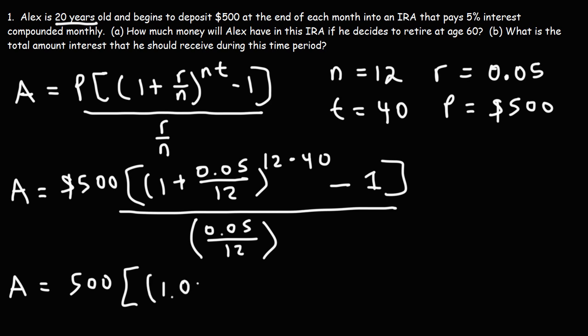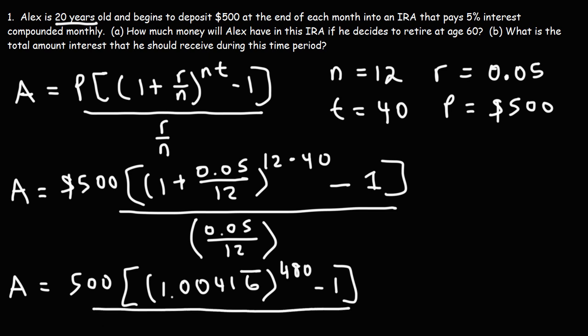You should get this number, 1.00416 repeating. 12 times 40, that is 480. 0.05 divided by 12, that is 0.00416 repeating. So let's go ahead and plug this in.